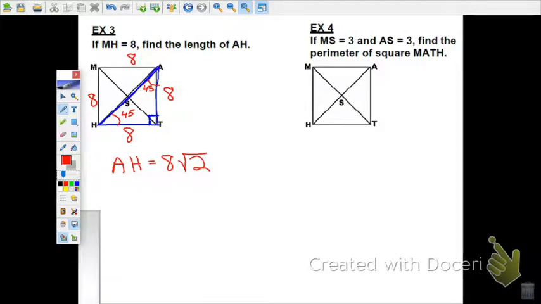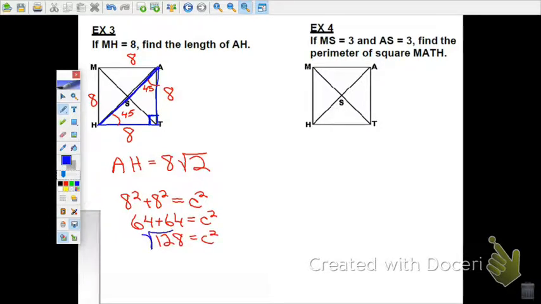If you didn't remember those 45, 45, 90 triangles or didn't have your notes to look at, what else could we use to find the length of that hypotenuse? Right, Pythagorean theorem. Because it's a right triangle, we could use it. 8 squared plus 8 squared equals c squared. So 64 plus 64 is 128.